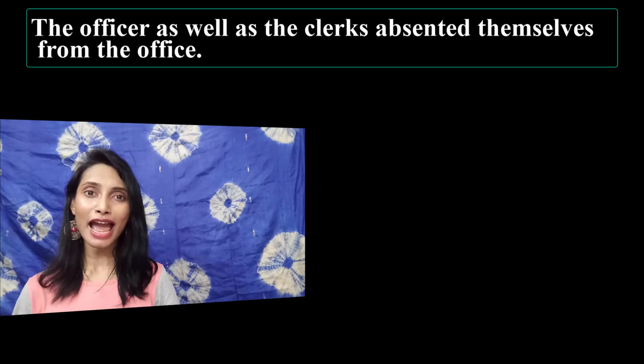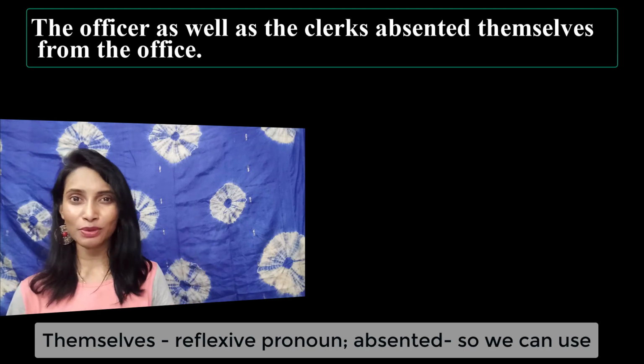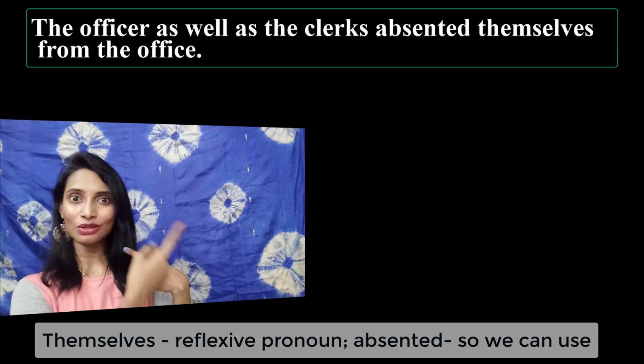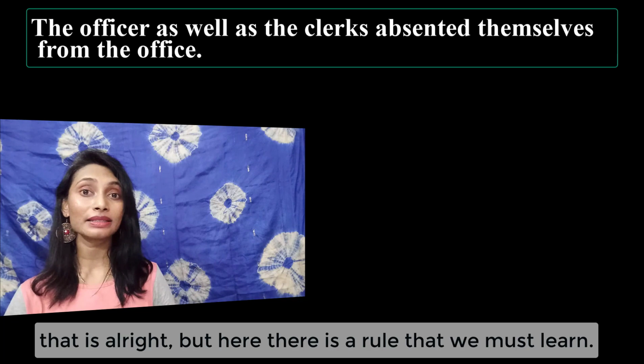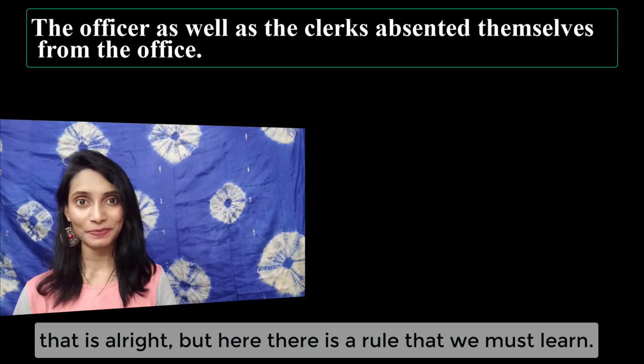The officer as well as the clerks absented themselves from the office. What is the error? "Themselves" is a reflexive pronoun, "absented," so we can use that, that is alright, but here there is a rule that we must learn.